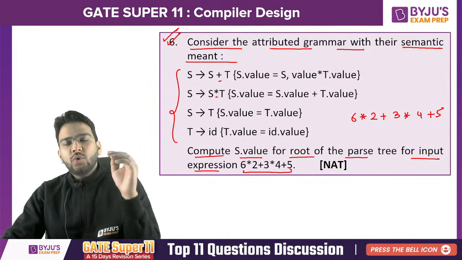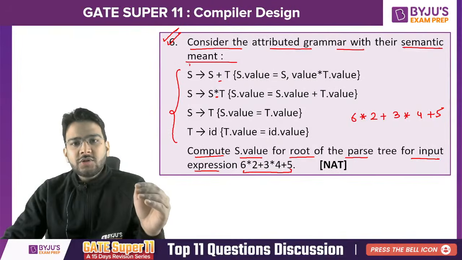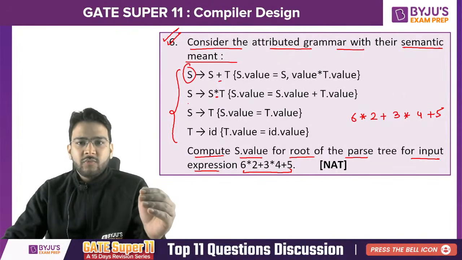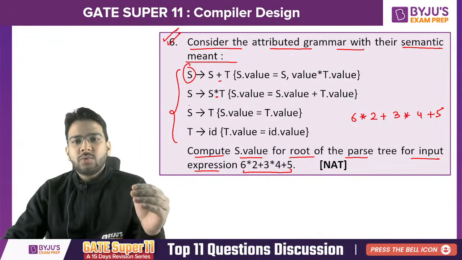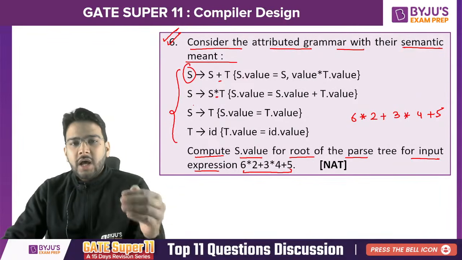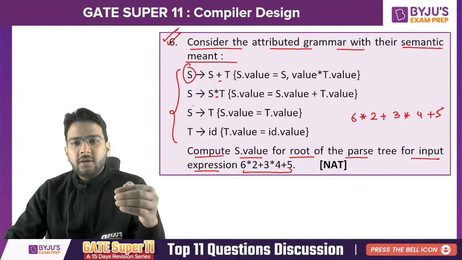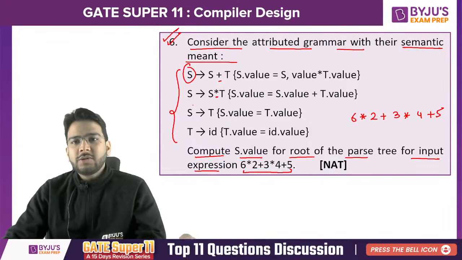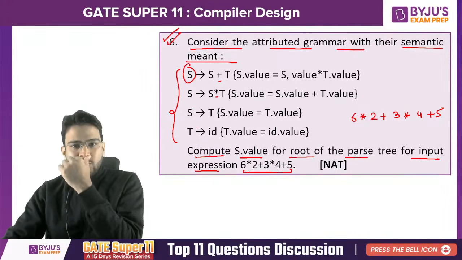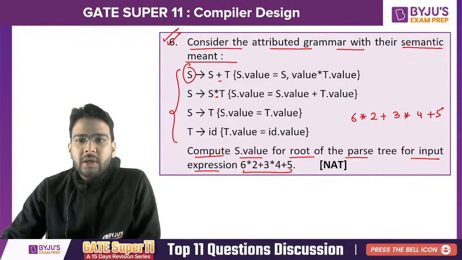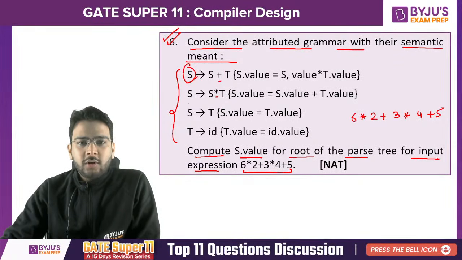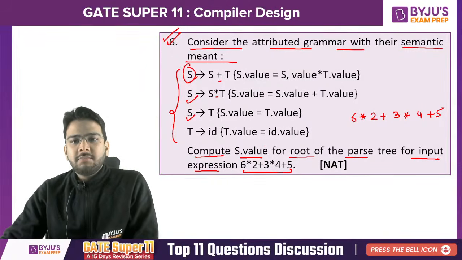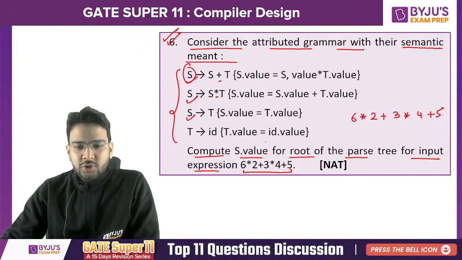Okay, so the operator which is farthest from the starting symbol is going to have the highest precedence, and the operator which is closest to the starting symbol is going to have least precedence. So according to this, you can see all of these are derived from the starting symbol only, that is S. Yes or no?